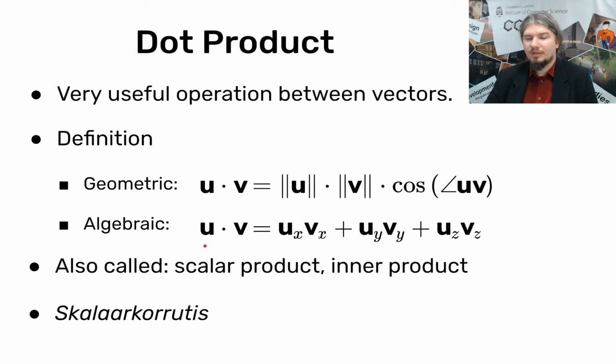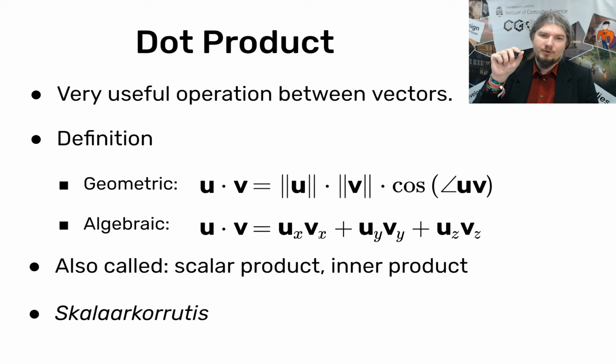But where this actually becomes very useful is that we very often need, in different algorithms, and we'll see these algorithms in a couple of weeks, to know the cosine of the angle between two vectors. You have a direction this way and a direction that way, then the cosine of the angle between them is something that we want to find.